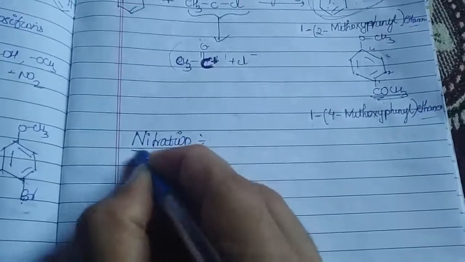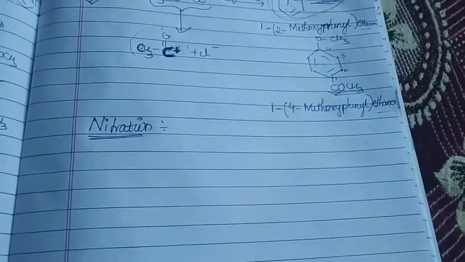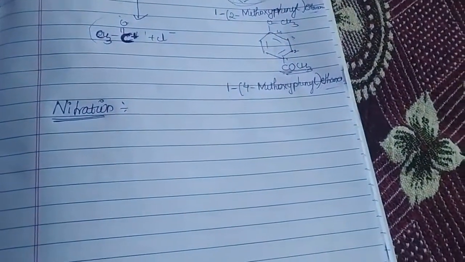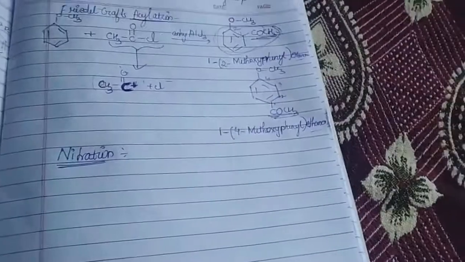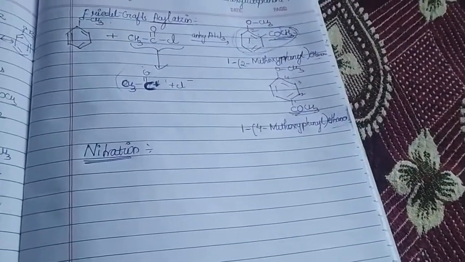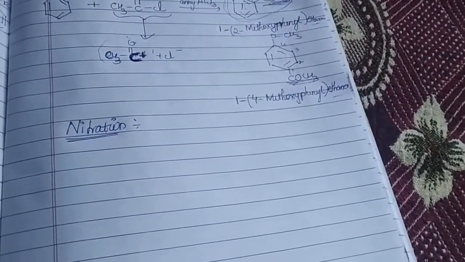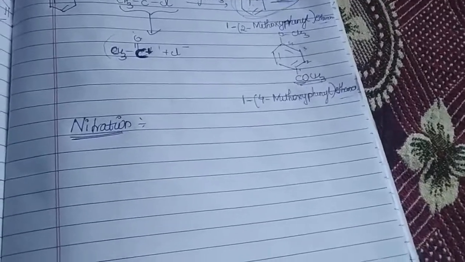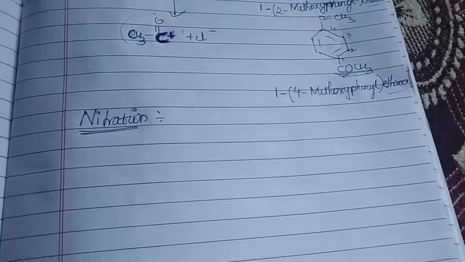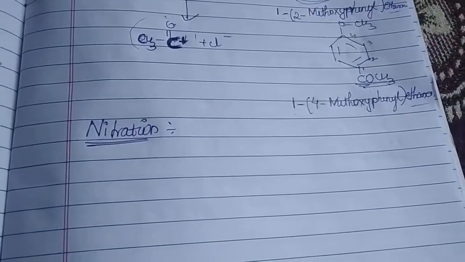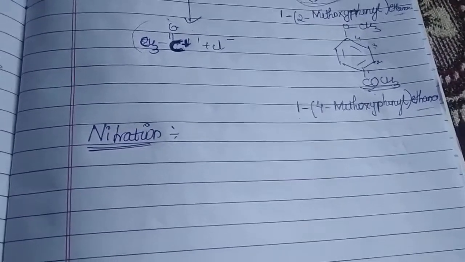Yes. As we know, we are studying an electrophilic substitution reaction, so whatever substitution takes place should be by an incoming electrophile. As I have mentioned earlier, in nitration, nitric acid comes to mind. In nitration, nitric acid generates NO2 plus.